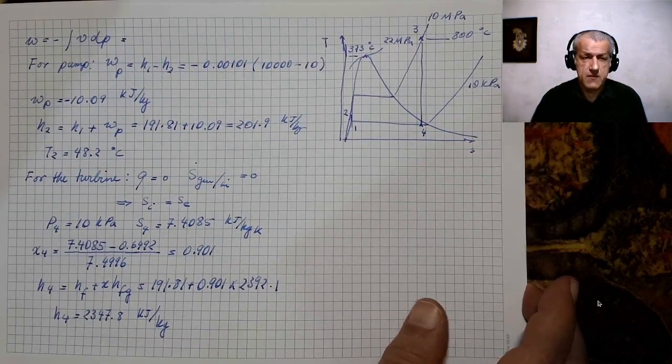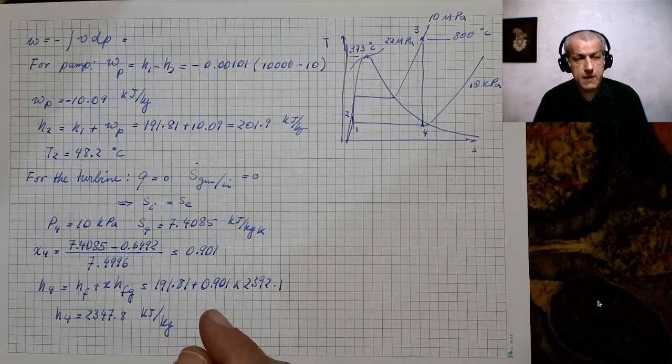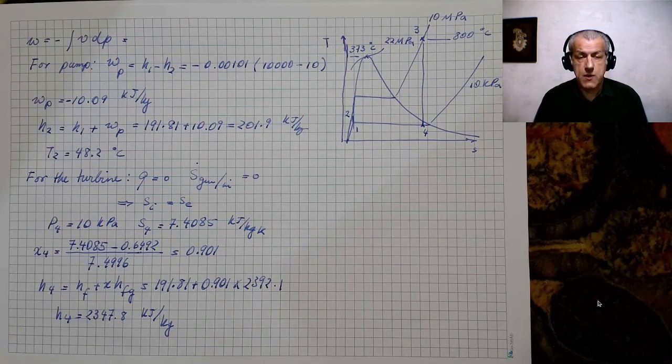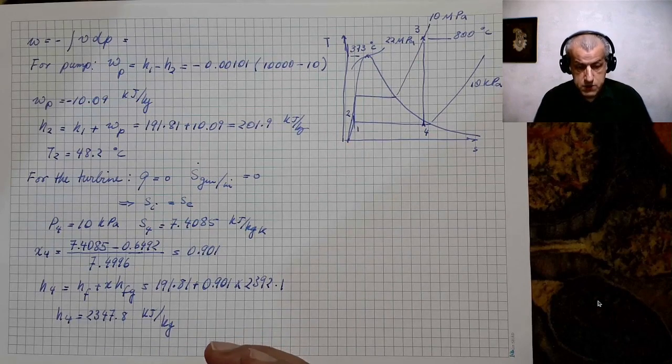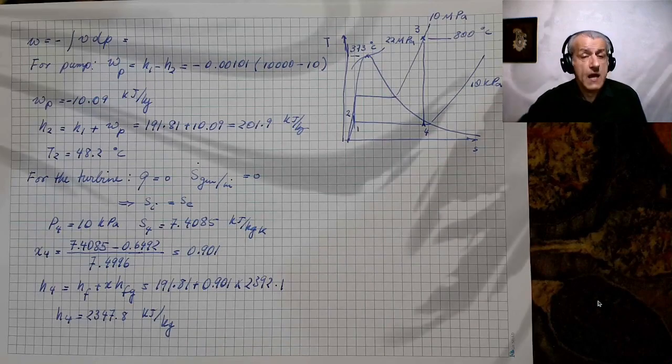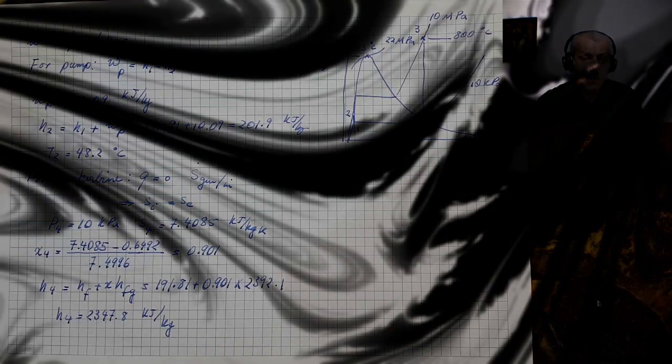We have had plenty of those examples when we were talking about the second law of thermodynamics. But as it is, you have to calculate all 4 points, and then we are in a good position to calculate the cycle properties, that is, work, heat transfer, and efficiency.